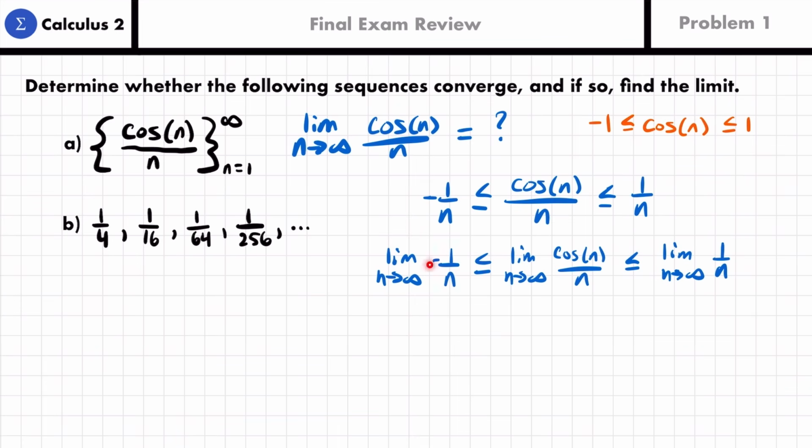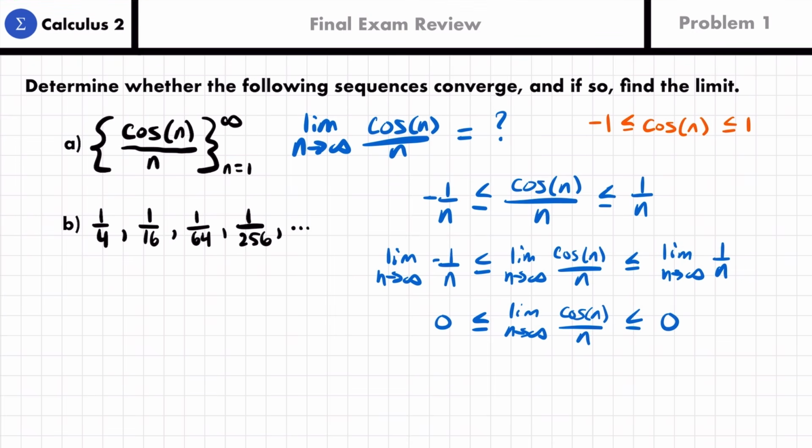So for a limit, that value will approach 0. As that denominator gets bigger and bigger, -1 divided by that value will get closer and closer to 0. So what we get here is 0 less than or equal to the limit as n approaches infinity of cosine of n divided by n is less than or equal to 0.